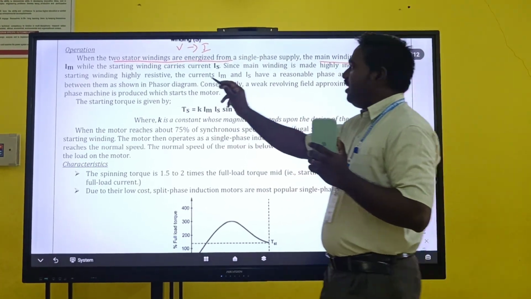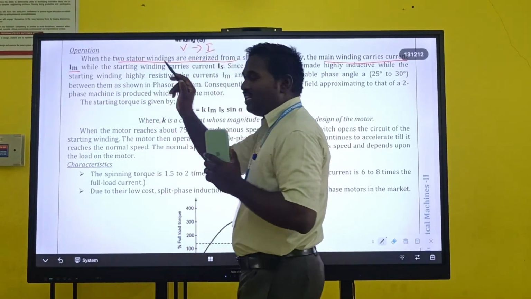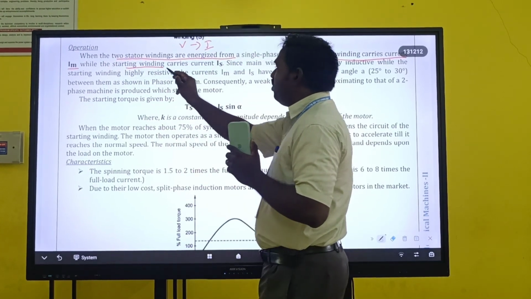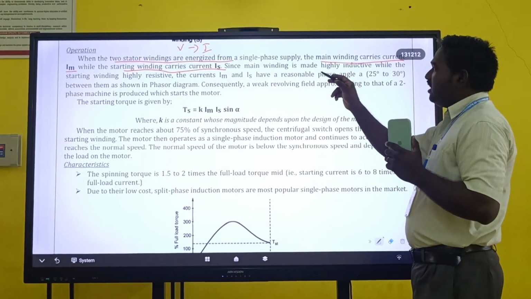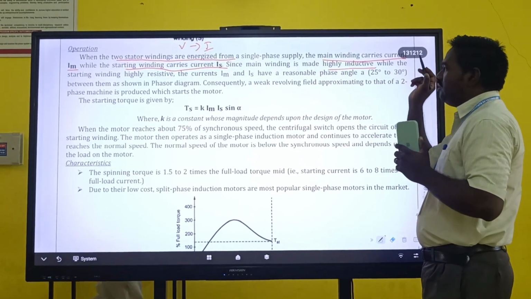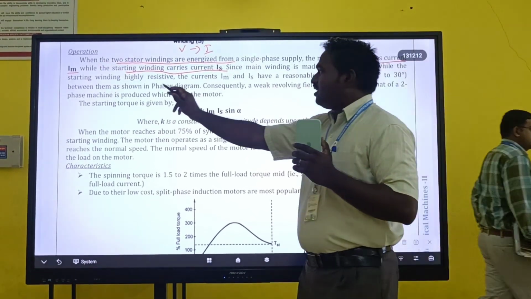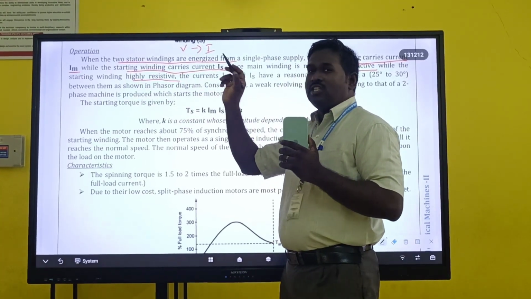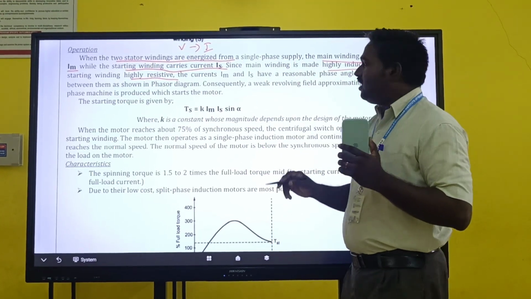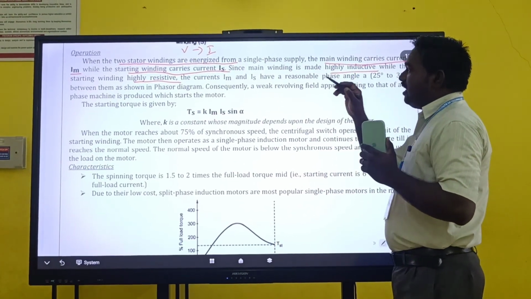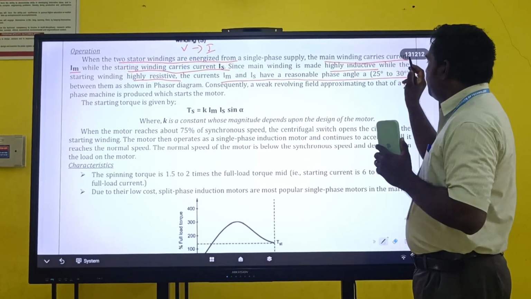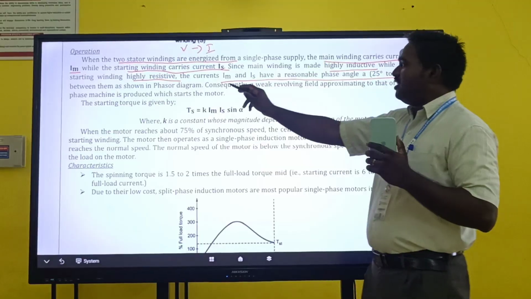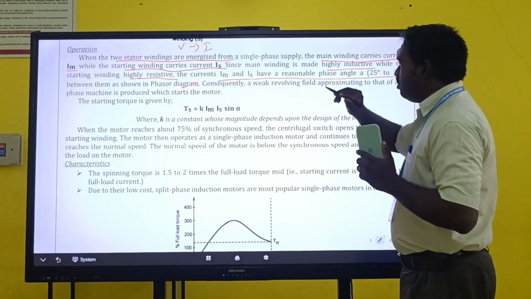The main winding carries the current IM, as we have seen in the phasor diagram. Similarly, the current flowing through the starting winding is IS. As we discussed earlier, the main winding is highly inductive, so that's why it is lagging, and the starting winding is highly resistive, so that's why it is leading with respect to the main current. The angle between the main current and starting current is between 25 degrees to 35 degrees, as we have discussed in the phasor diagram.